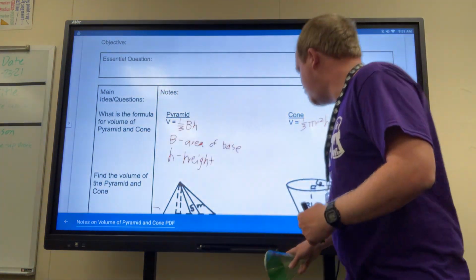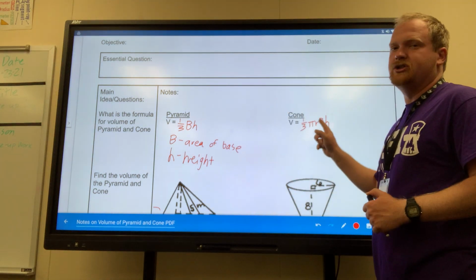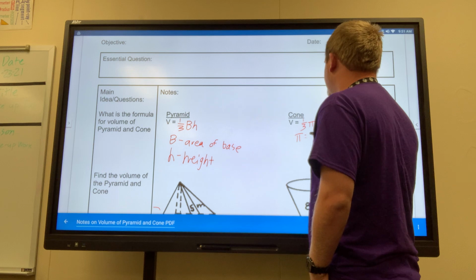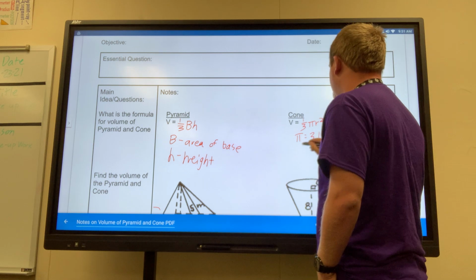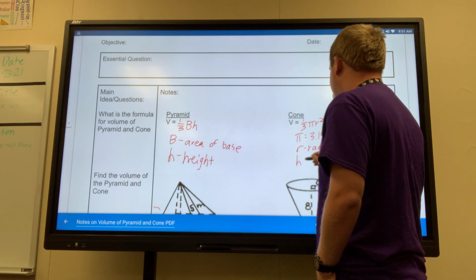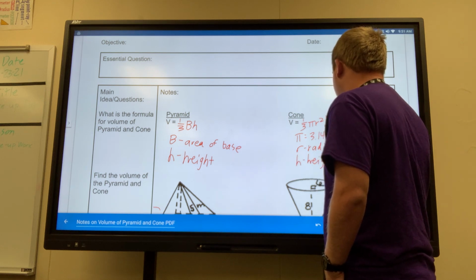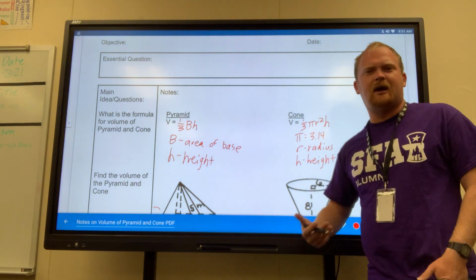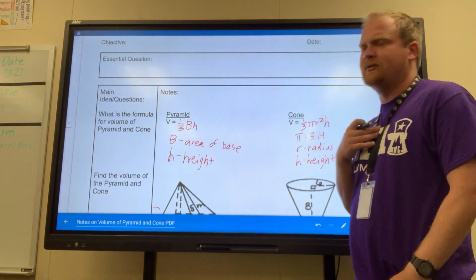So instead of putting B here, we're just using pi r squared. So again, we know pi to be 3.14, r is the radius, and h is the height. So that's what we know for sure, and that's what we need to keep track of.